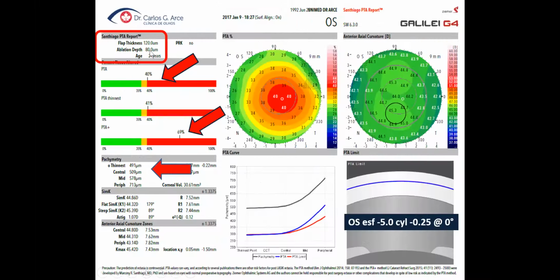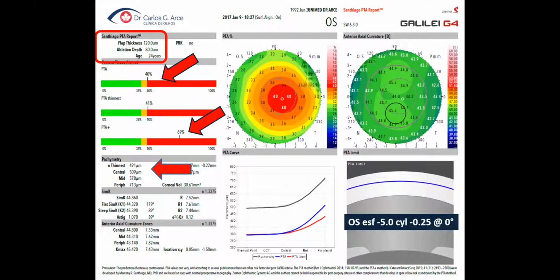So if we apply the PTA, we have 40 for the conventional PTA, 41 for the thinnest PTA, but 69 for the new algorithm, which is applied for very thin corneas. Okay, so of course, we cannot do LASIK with a 120 micron flap in this cornea. Even with a 100 flap, it was not possible.